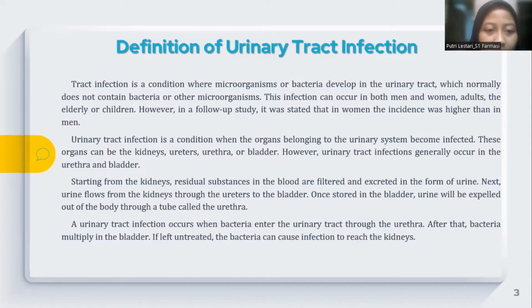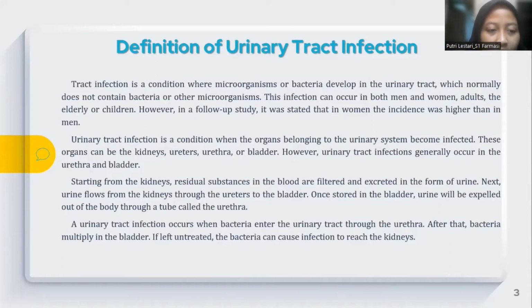Starting from the kidneys, residual substances in the blood are filtered and extracted in the form of urine. Next, urine flows from the kidneys through the ureters to the bladder. Once stored in the bladder, urine will be expelled out of the body through a tube called the urethra.